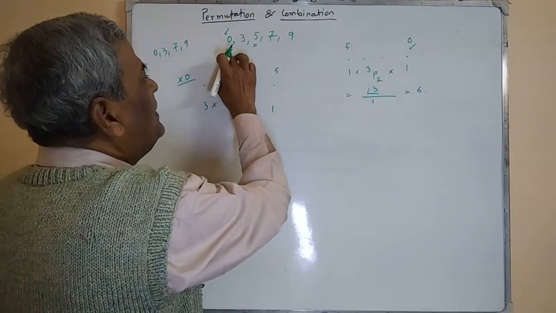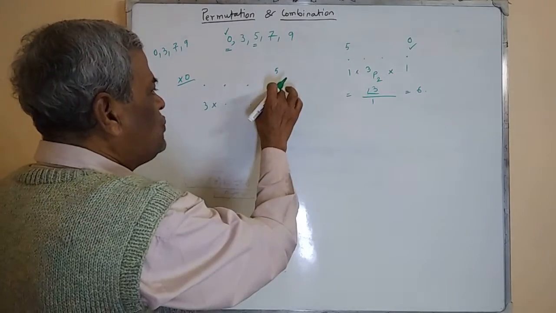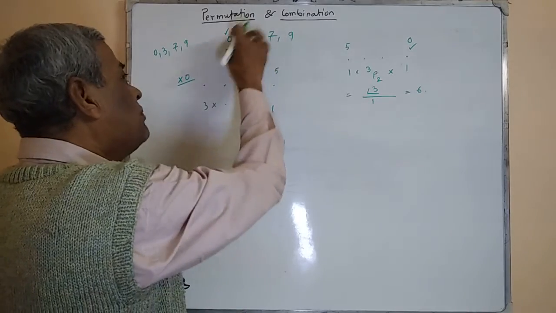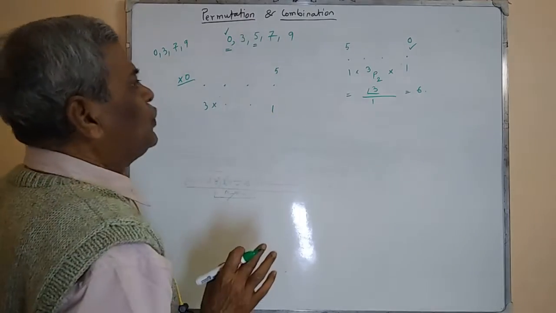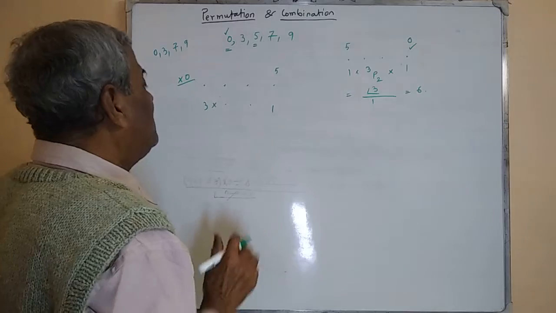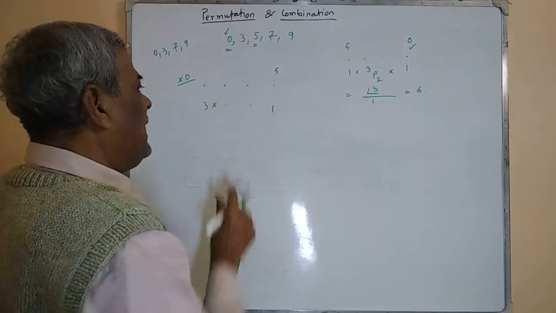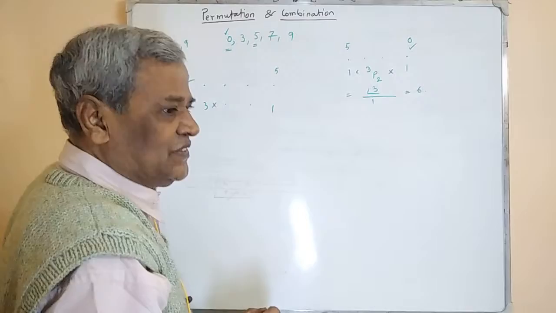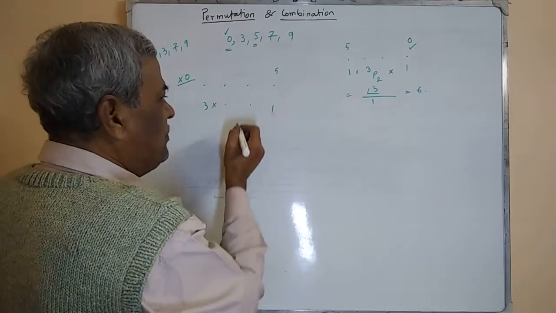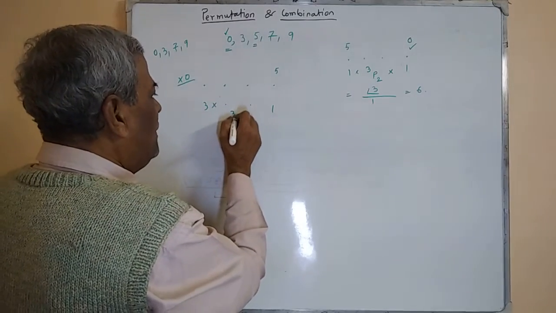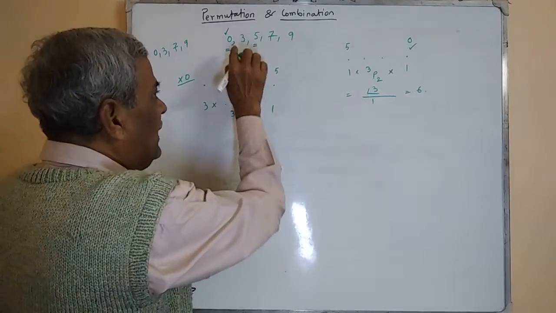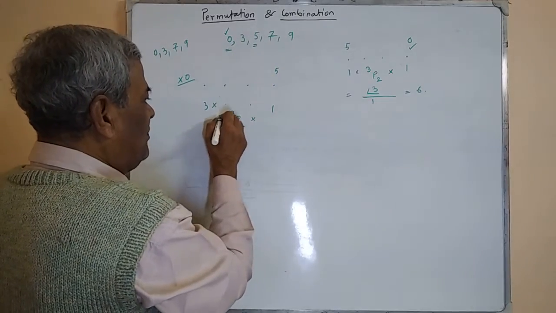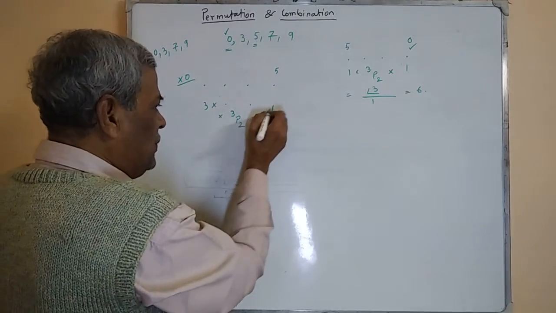Out of the 5 digits we have used 5 there and 1 from the rest. So 3 digits are left and 2 positions are left, unrestricted. So this position can be filled up by 3. Out of 3 we have to fill up 2 positions, so 3 into this into 1.